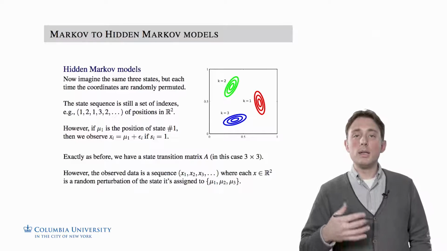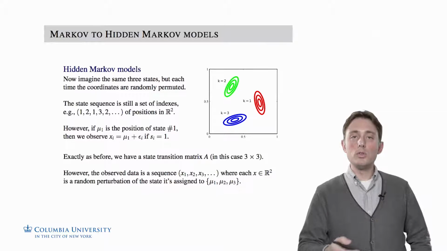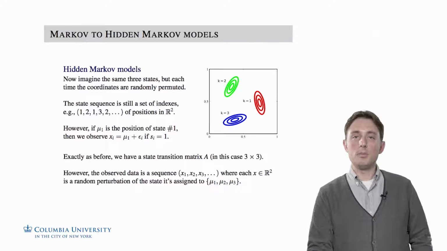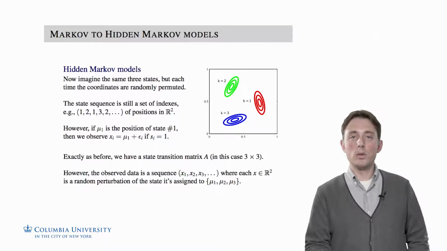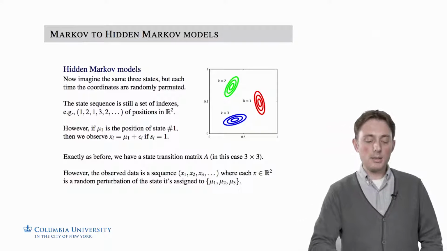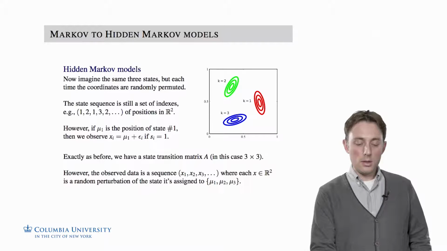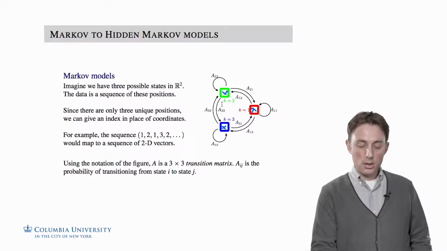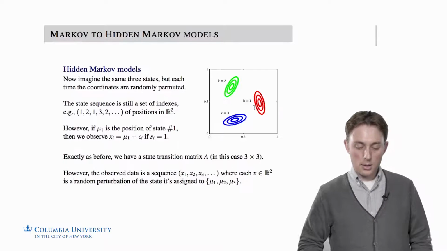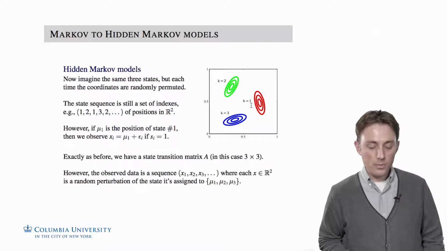Okay, but now in the case of a hidden Markov model, it's useful to think of each state as being embedded in some location, some latent space. Because now let's imagine that we have the same exact three states. The center of these three ellipses corresponds exactly to the location of these three states. The color is exactly the same.